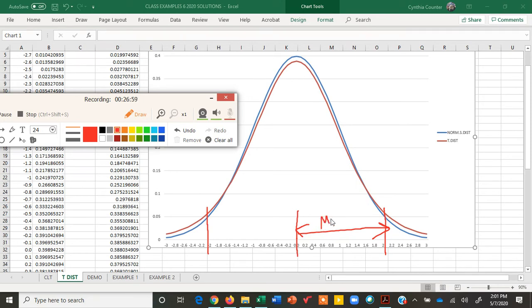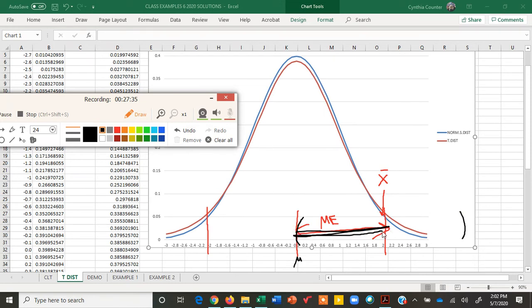So this is your margin of error, your maximum likely difference between your sample mean and the population mean. The worst case value that is still likely is that you get a sample mean that's just barely in here. And if you want to create an interval around that sample mean that captures the true population mean, it's going to have to be this wide, right? So if here's my x bar, I've got to make a big old interval to capture it.